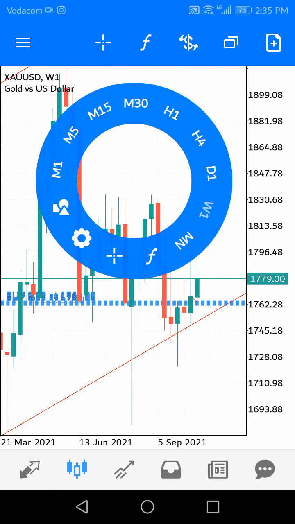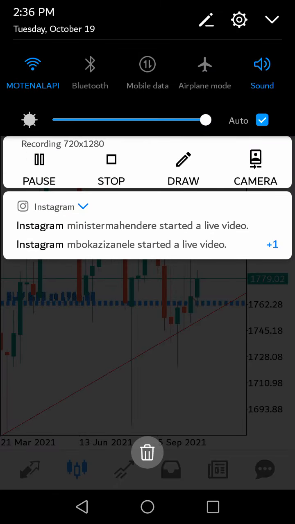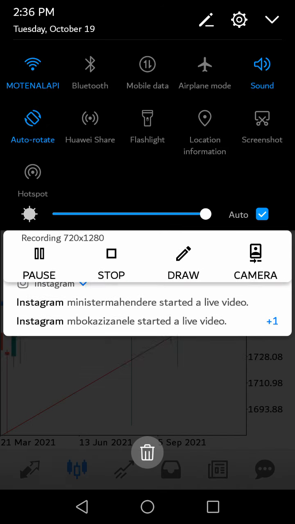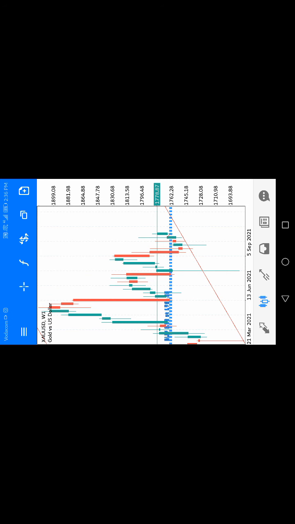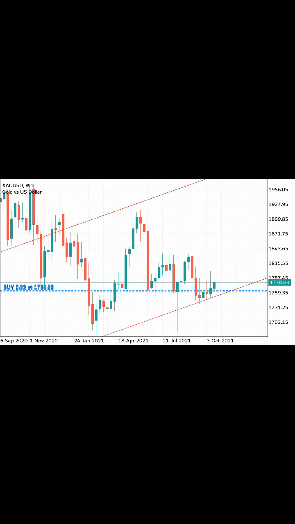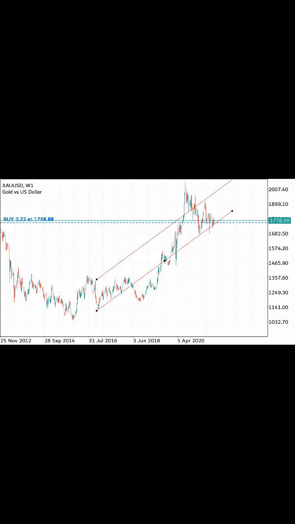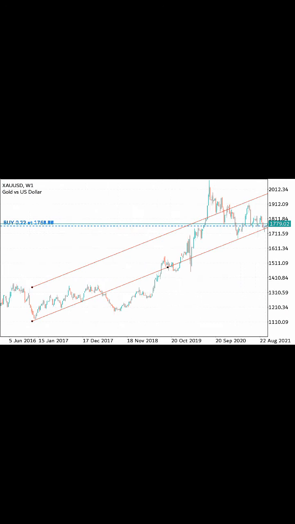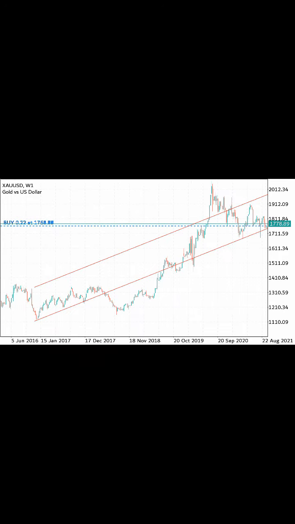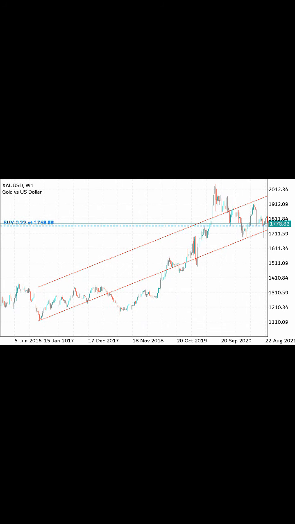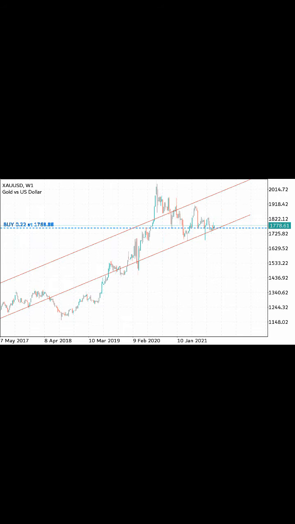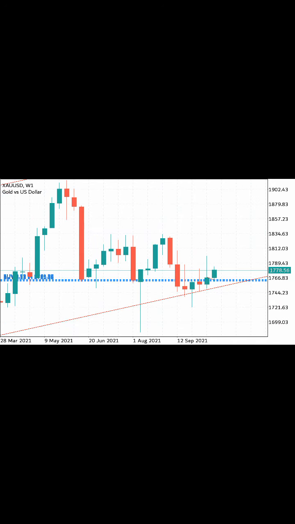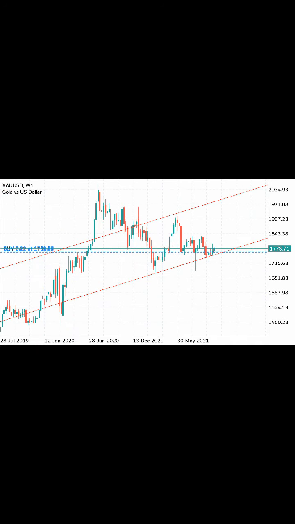If you will realize, maybe let me screen rotate this phone which I'm recording from. You realize this is my analysis. This is an equidistant channel. The way we draw our channels is to identify key support areas that may be going along with our current price from history.